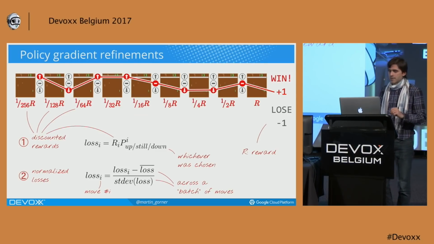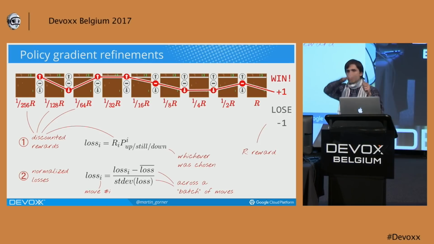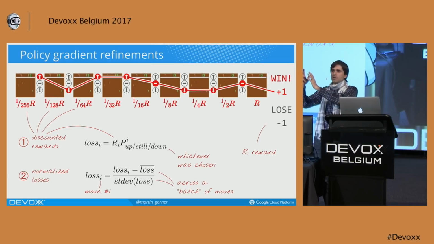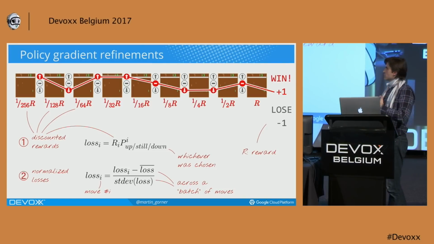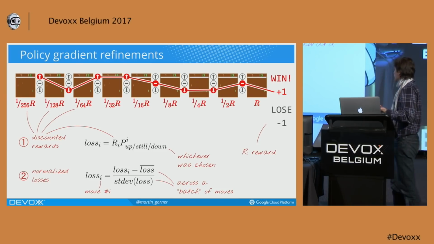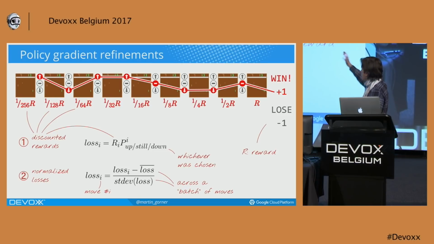Two little technicalities. The first one is that in this sequence of moves, of course, what you did at the end is probably where you did something correct. The fact that you bounced the ball 3 minutes earlier is probably less relevant. So it's not always the case, but it's customary in reinforcement learning to apply a decay factor to your reward across the time steps.